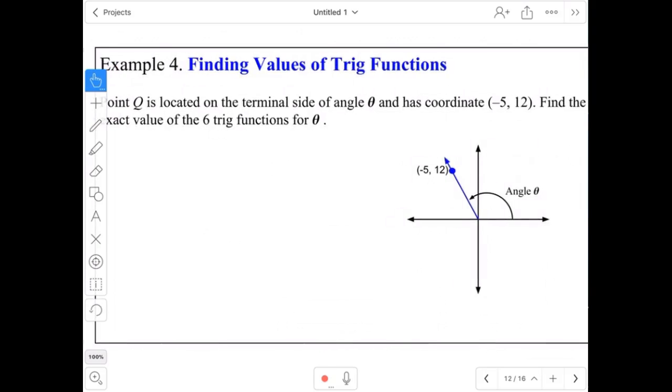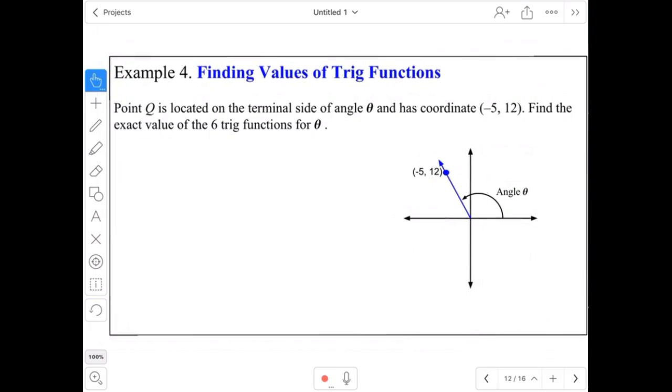So in this case, we're looking for our 6 trig functions with this angle that's going over here, and we have our terminal side that's going at negative 5, 12. Now, whatever quadrant you're in, you always want to drop a line straight down to the x-axis.